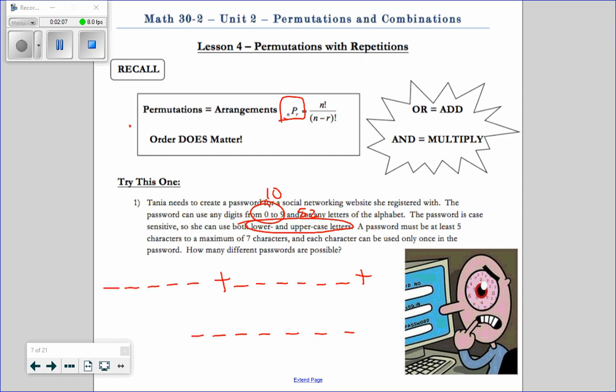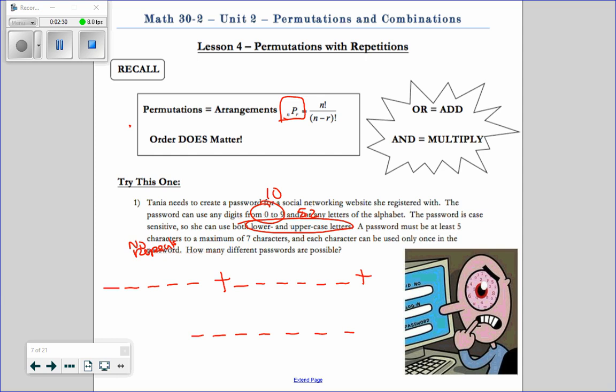Okay? So a password must be at least 5 characters, maximum 7, and each character can be used only once in the password. So that means no repeats. Does it say any other restriction? Does it say it has to start with a letter?